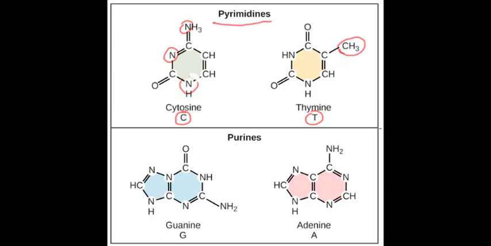Now, when we look at the other ones, the purines, which are the more complex nitrogenous bases, we have guanine with the abbreviation G, and also adenine, as we've seen before, with the abbreviation A. And we can see that there are two cycles for each of those molecules: cycle 1, cycle 2 right here, and then cycle 1 and cycle 2 right there.